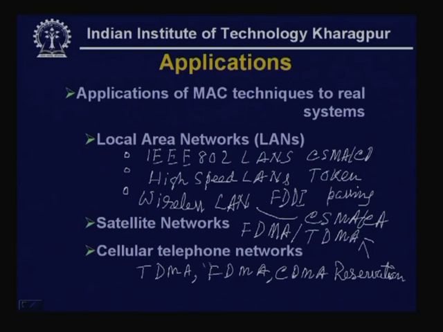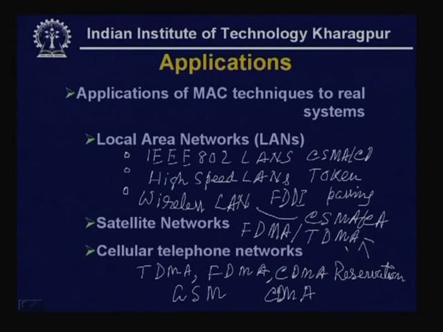As we shall see, different standards like GSM and CDMA use this channelization approach of medium access control technique, and we shall see how TDMA, FDMA are used and also how CDMA is used in implementing cellular telephone networks. So, in the next 3 lectures we shall discuss the applications of these medium access control techniques, and we shall see how these techniques are used.